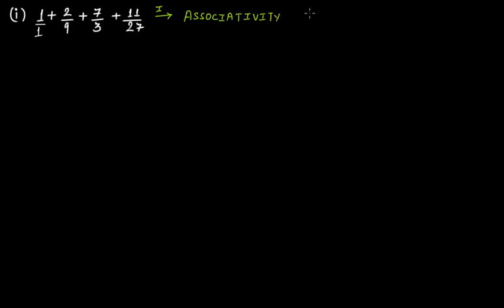We have discussed this, that if we have three rational numbers that are added, let's say a, b, and c, then this can be written as (a plus b) plus c. This will be equal to a plus (b plus c). Can you see here?